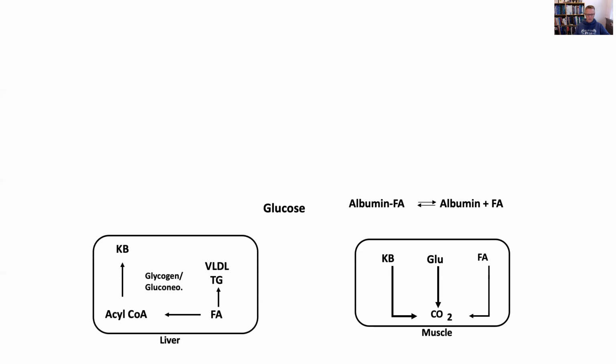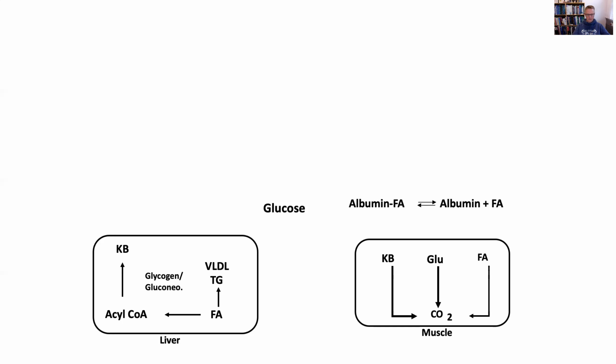We, of course, also need to know that the liver plays a significant role in keeping the glucose concentration constant. The liver can, as we know, produce glucose available for the circulation by either degrading glycogen, or after degradation of glycogen, the liver can also produce glucose via gluconeogenesis.